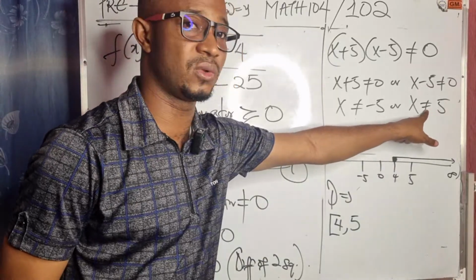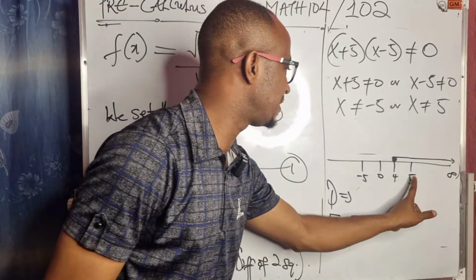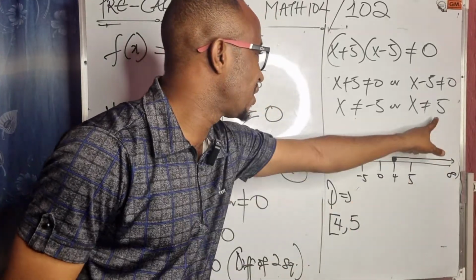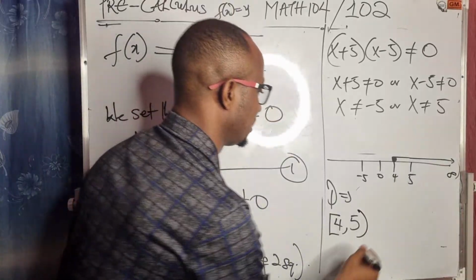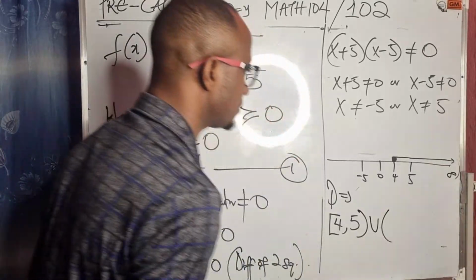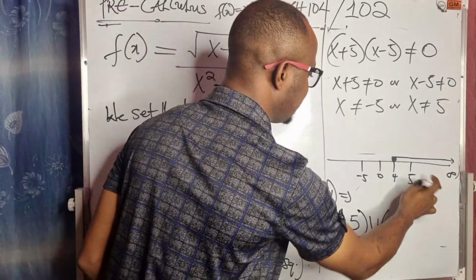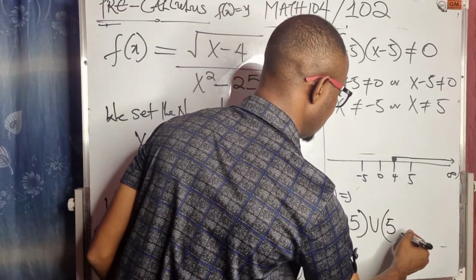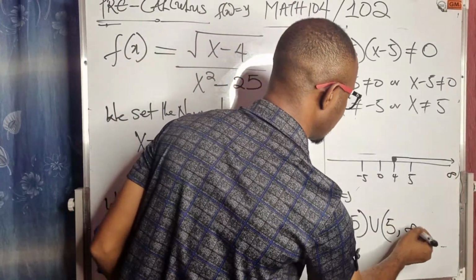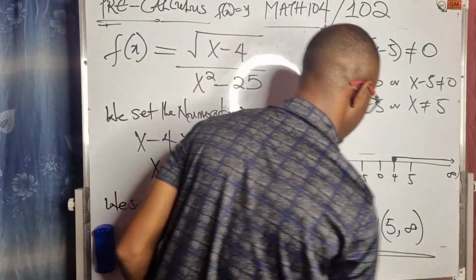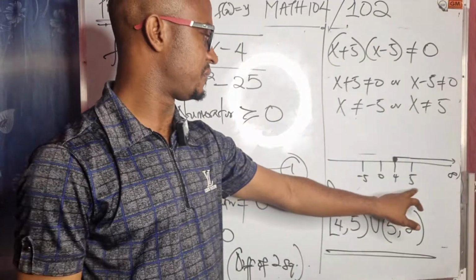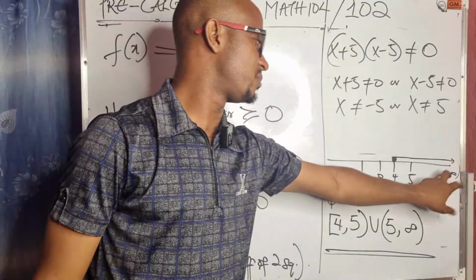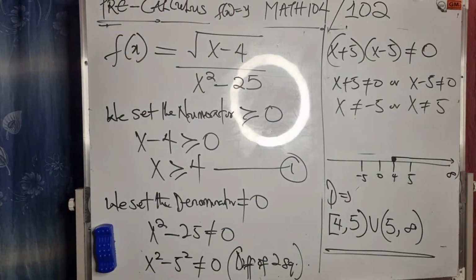That means 5 is not included, so I'm going to use this bracket. Then we have union, from that same 5 that is not included to positive infinity. This is our domain. The domain is simply from 4 to 5, then from 5 to positive infinity.